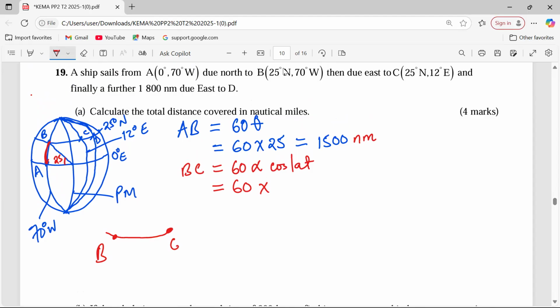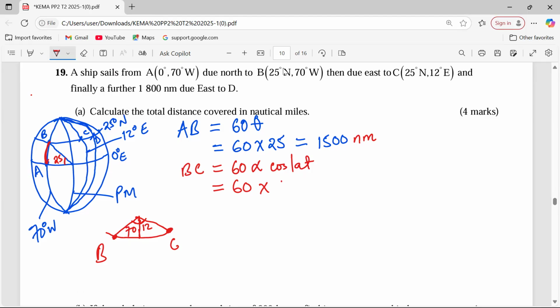Remember, we have the prime meridian here. So we have an angle here and an angle here. From the prime meridian to B, we have 70. And from the prime meridian to C, we are having 12. Therefore, the angle at the center of that small circle now shall be 82.